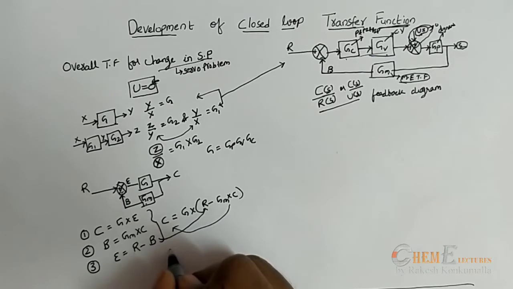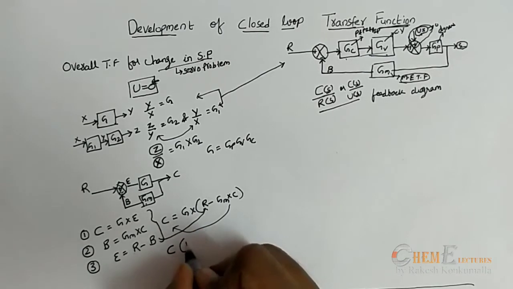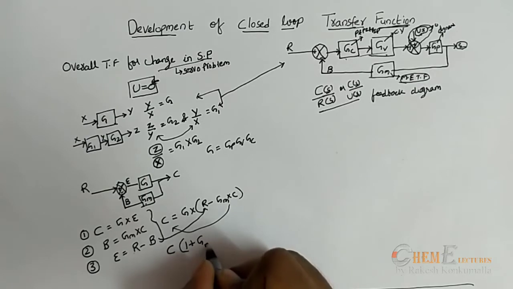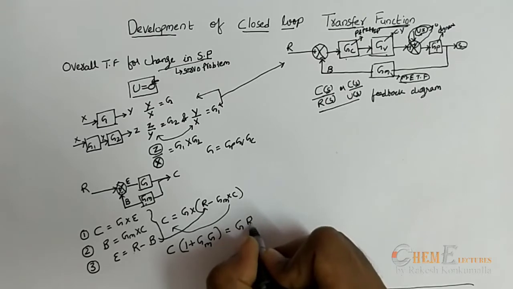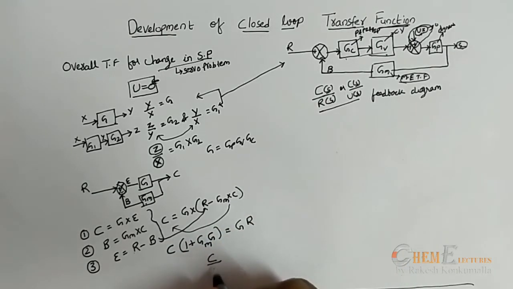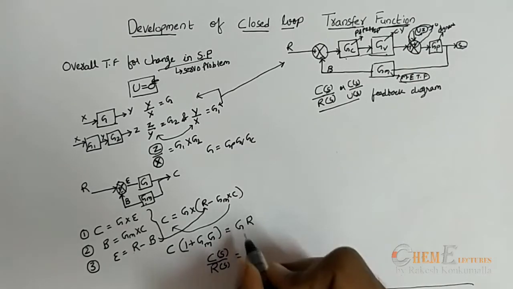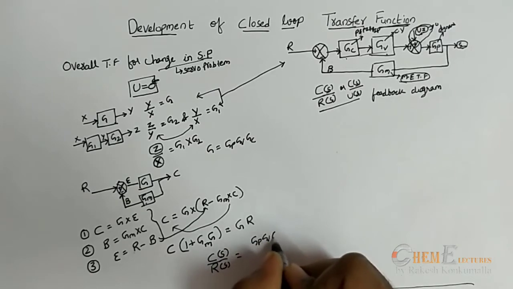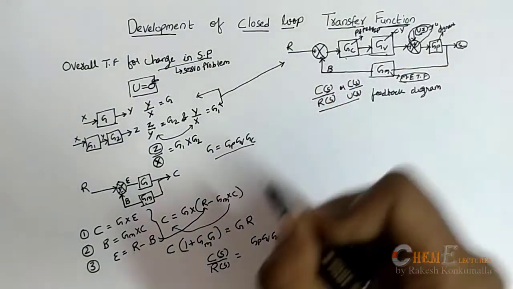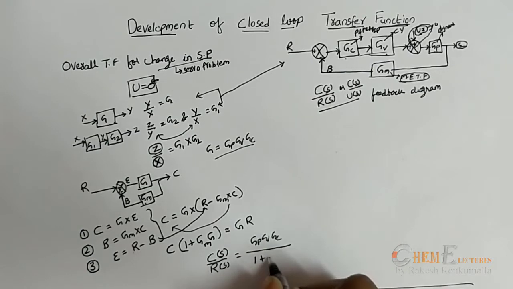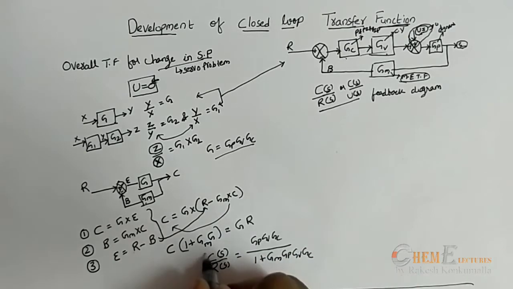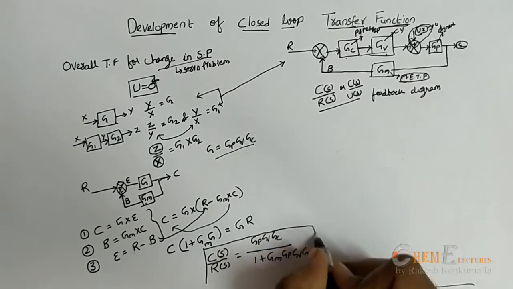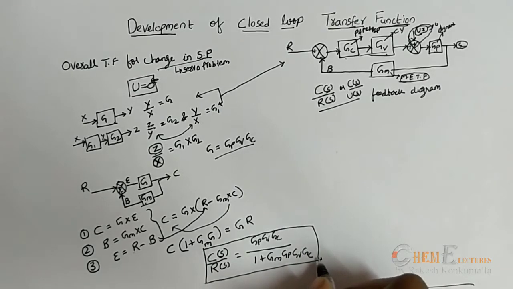So it will be C into 1 plus Gm into G is equal to G into R. So C of S by R of S will be equal to G, meaning Gp, Gv, Gc, that we got from this multiplication, divided by 1 plus Gm, Gp, Gv, Gc. Simple, right? So this is how you derive it when there is a change in set point.